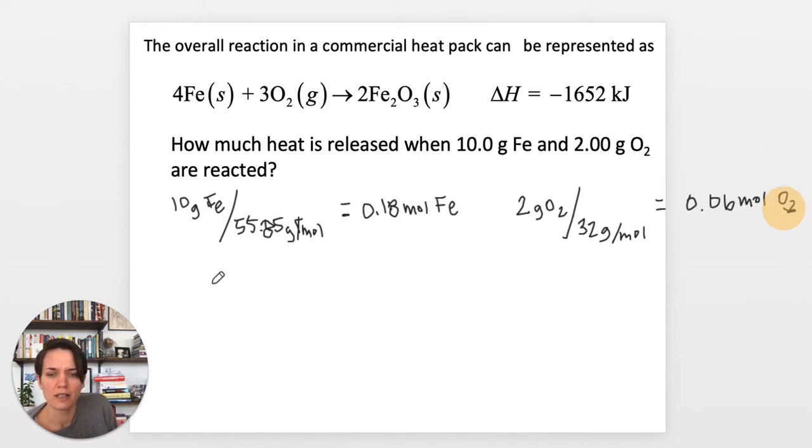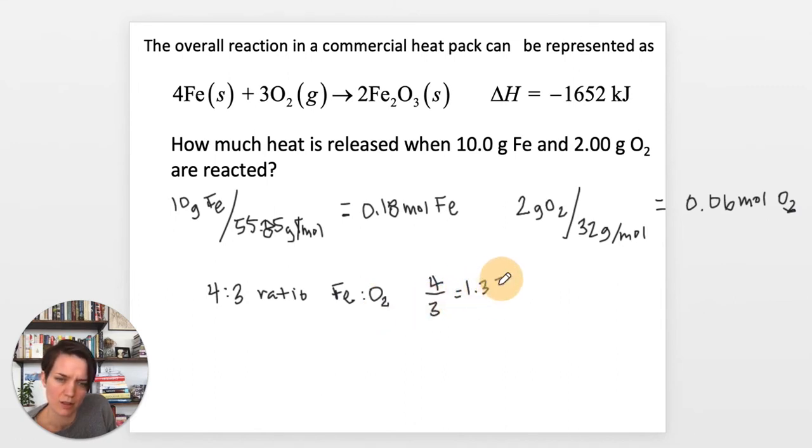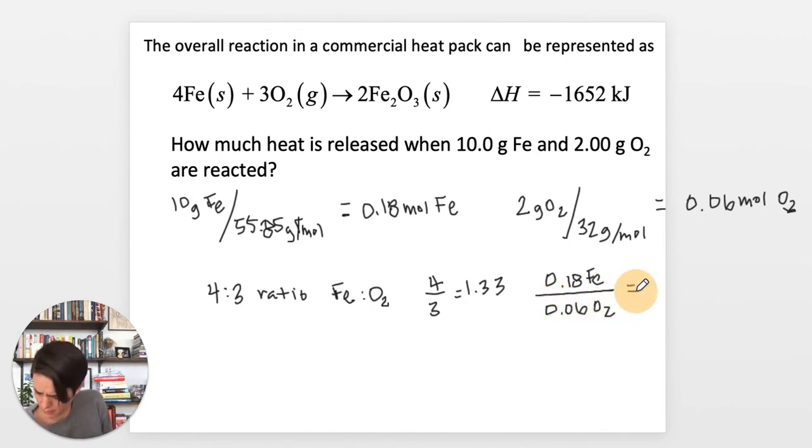Okay, so now recognize that we have this 4:3 ratio of iron to oxygen. So if we took 4 divided by 3, you would get 1.33. If we took the moles of iron divided by our moles of oxygen, we would get a relationship of 3.